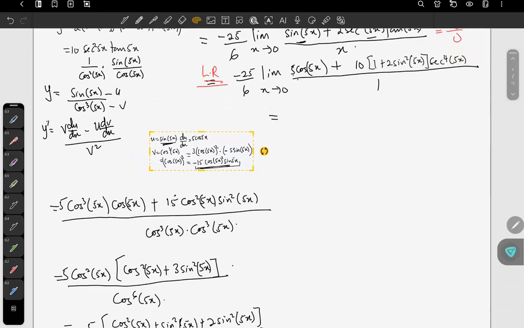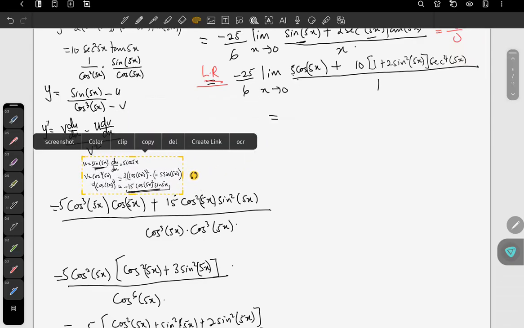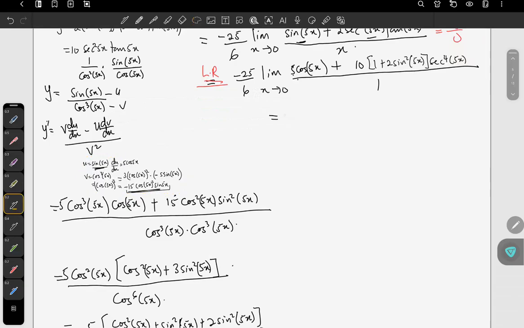So 5 times 25 is, so we have negative 125 over 6, the limit as x goes to 0 of cosine of 5x plus 2 times 1 plus 2 sine squared 5x times sec raised to power 4 5x. Then we now apply the limits, direct substitution.